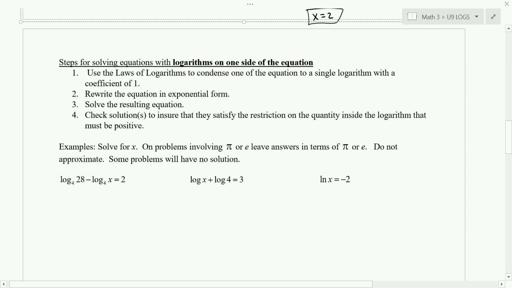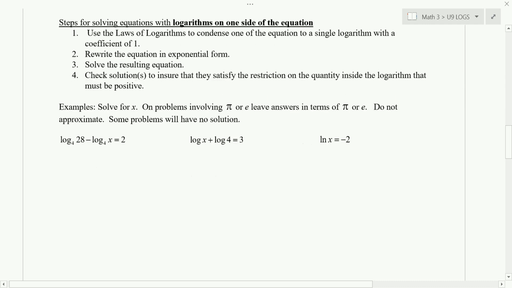So in these examples, we're solving for x. If we have pi or e, we're going to leave those answers in terms of pi or e. We're not going to approximate, meaning we're not going to use a calculator. And some problems are just letting us know we'll have no solution. So that's why step 4 is important to check.